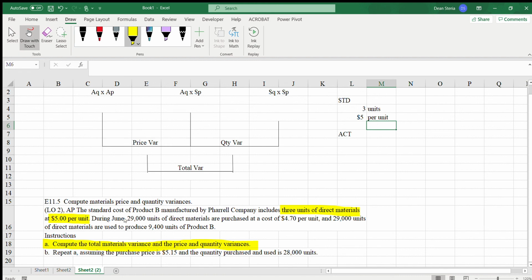During June, 29,000 units of direct materials are purchased at a cost of $4.70 per unit, and we actually use 29,000 units of direct materials to make 9,400 units. Okay, so our actual was we made 9,400 units.